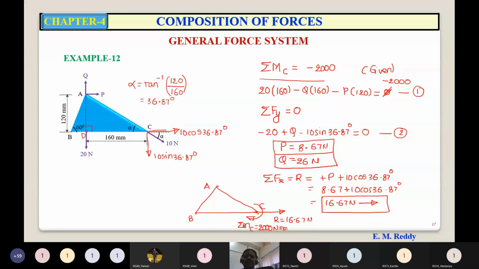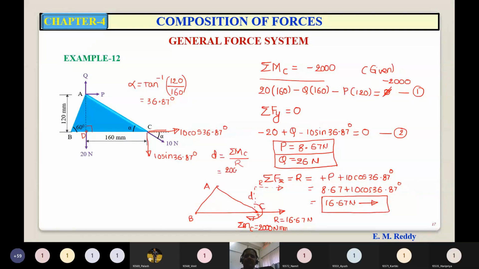So when this force and moment are combined, this force will be transferred parallelly by a distance d, given by d is equal to moment upon force.